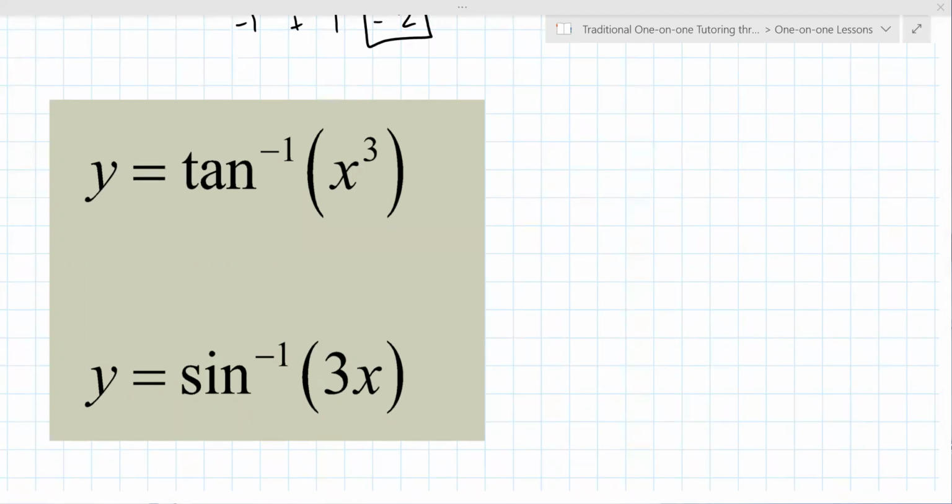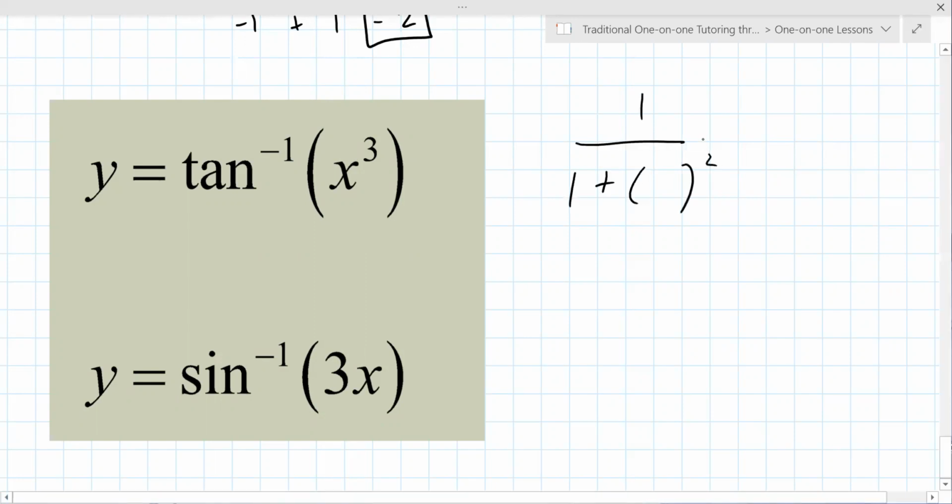All right, so let me find a table of derivatives. So your arctangent derivative is 1 over 1 plus x squared, but whatever's in parentheses is x. Do you have that sheet up, with the formulas?